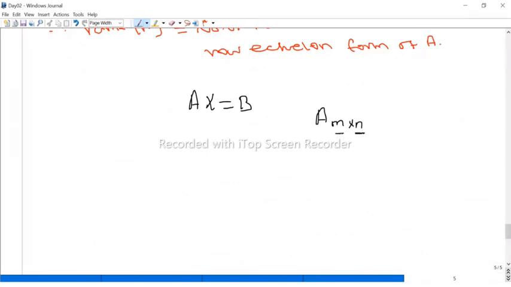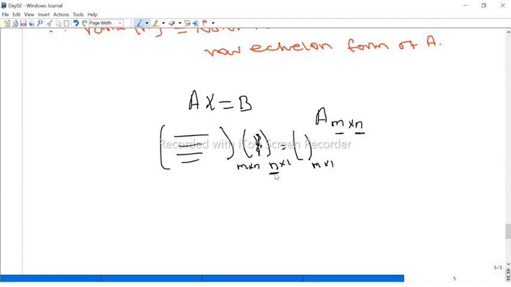A is m by n, and x should be n by 1, then only we can take the product, and finally you get m by 1. So the number of columns in the matrix is the number of variables, and the number of rows is the number of equations.